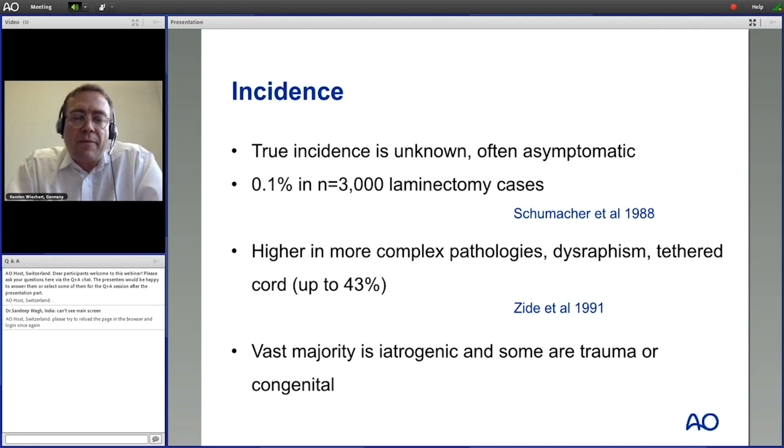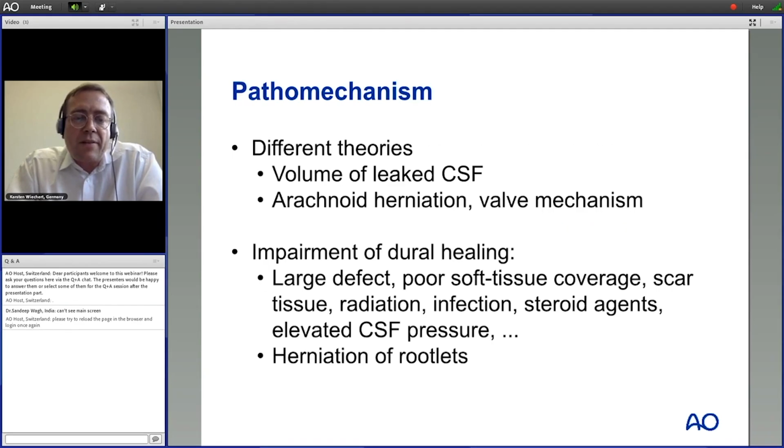Very few are of traumatic origin, some are congenital, but the vast majority here is iatrogenic. There are different theories about the pathomechanism. Some say the volume of leaked CSF does play a role, and others postulate a valve mechanism and some form of arachnoid herniation.